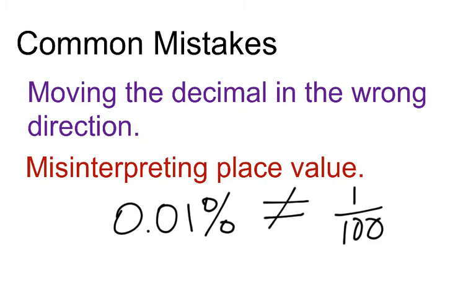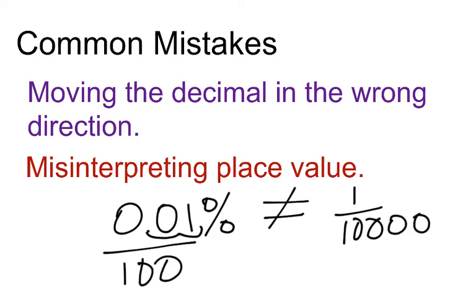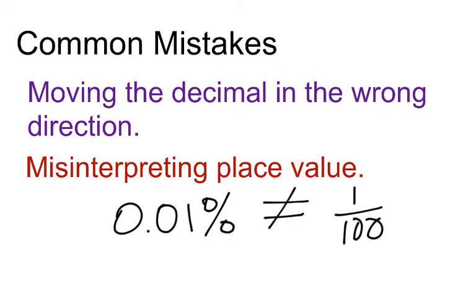Instead we have to look at it as percent out of 100 and move the decimal accordingly, making it 1/10,000ths. Like I said, we'll get into that more in depth later, but just be careful that you don't misrepresent a decimal as a percent and vice versa.